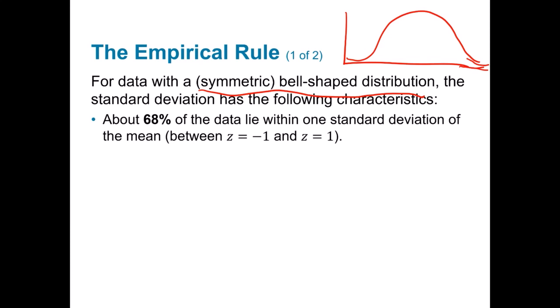Later on, when we get to chapter 7, we'll talk about how to find the exact rest of that percentage. But it's close enough, you can say 68% of the data lies in that range. So 68% of your data is between z equaling -1 and z equaling 1.